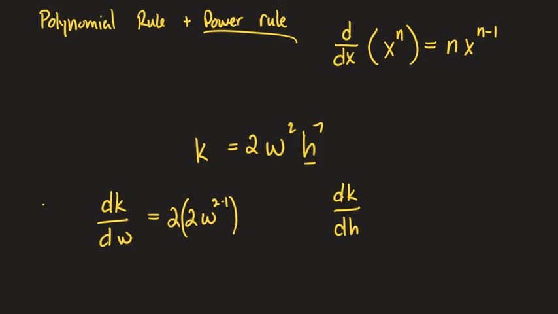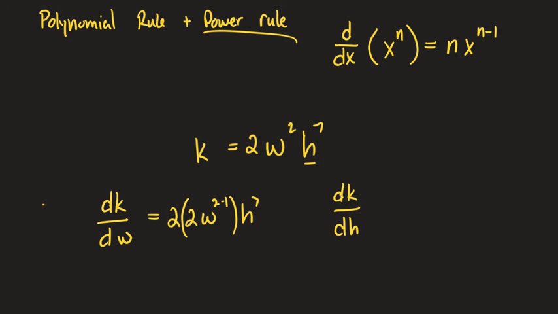Now I need to keep going because h is still part of this function, but h is a constant. So even though it's there, even though it has an exponent, if it's not related to w, then I just put h to the 7th because it didn't change. It's constant. Now, we're not actually done. We need to clean this up.